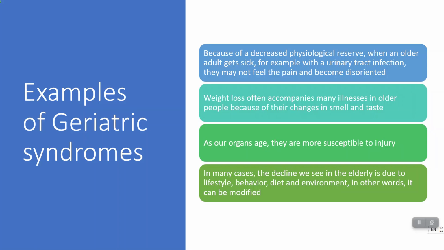So weight loss is actually considered a geriatric symptom for older adults. As our organs age, they're more susceptible to injury. In many cases, the decline we see in elderly is due to lifestyle behavior, diet, and environment. In other words, many cases of geriatric syndromes can be modified.